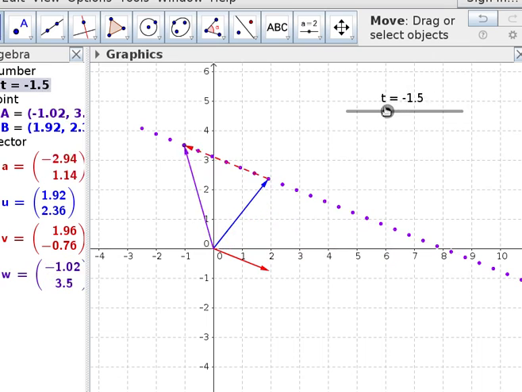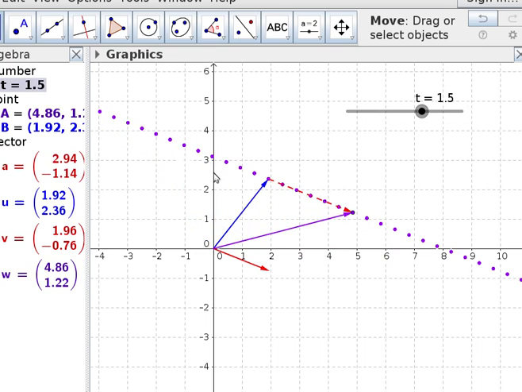And so this is getting into the idea of a vector definition of a line. This purple line can be defined in terms of some starting point, and that starting point is defined by some initial vector. And then the rest of the line is basically moving by another vector, but that vector is described by a scale factor.